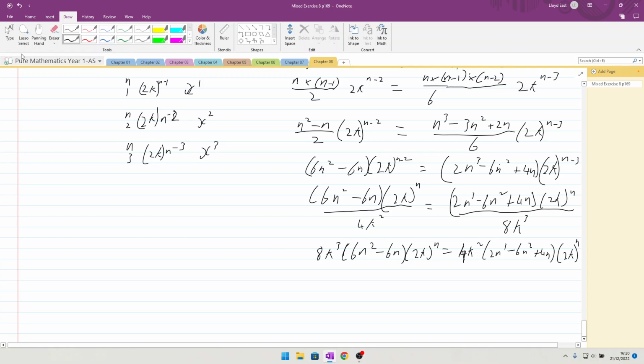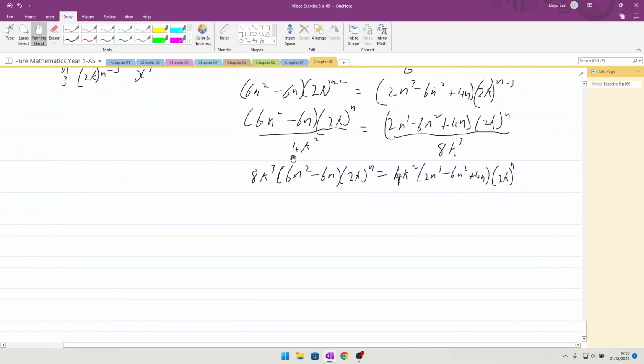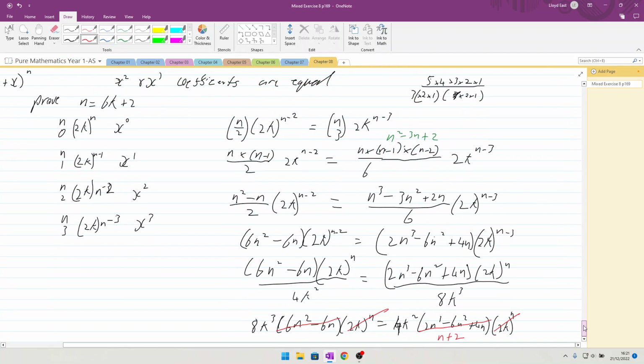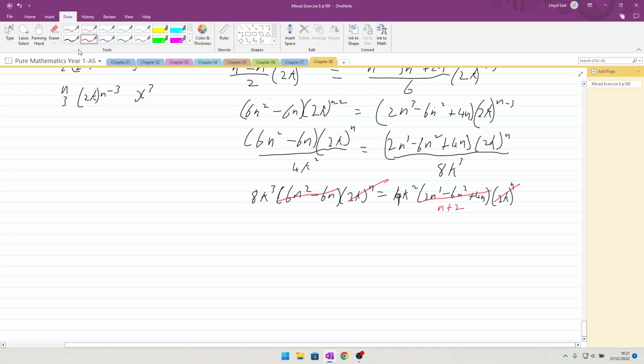Okay, that's looking pretty good. So what can we do here? We can say that the 2k to the n cancel. Okay, we can say that 6n squared minus 6n cancels into this, leaving n plus 2, because when we came back here, if I had cancelled by the n's and the n minus 1, I would have been left with n minus 2. So not n plus 2, but n minus 2.